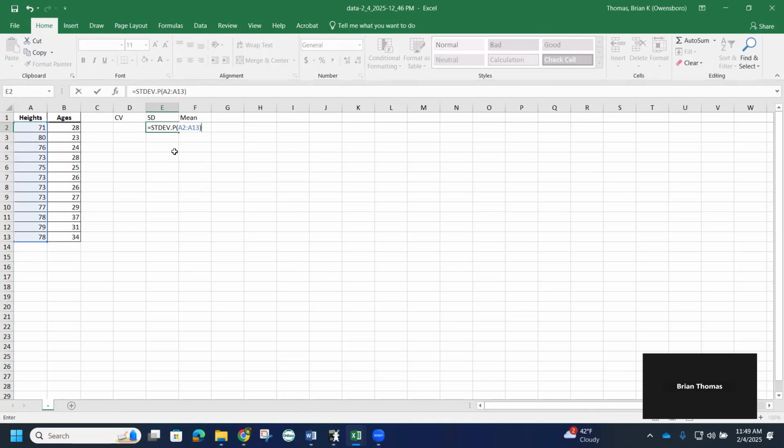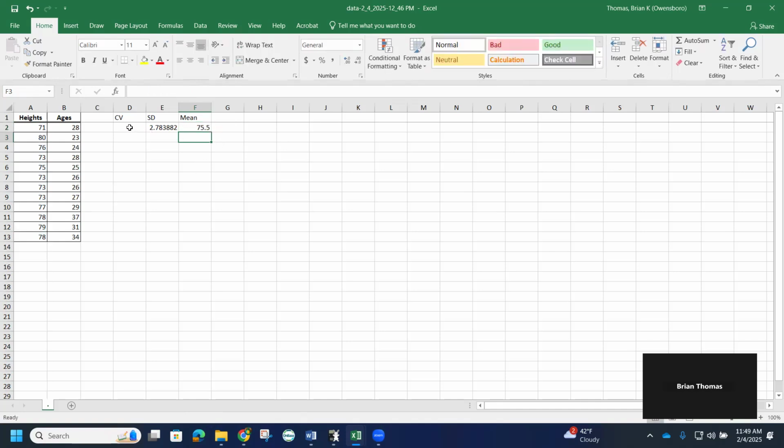So close my parenthesis off there, hit enter. That'll give my standard deviation. And then my mean, if I hit equals, and remember in Excel, it's actually average. So average, and then we can do the mean, and then close the parenthesis there.